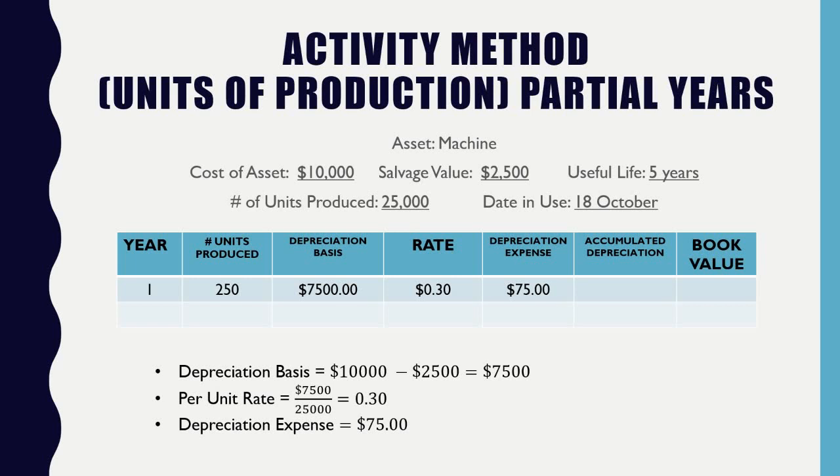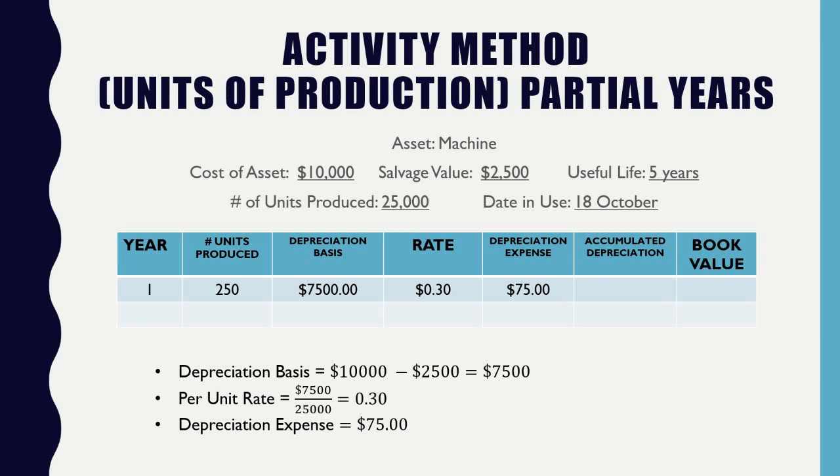Now, let's determine this. In this case, we already know my asset's only 2 months old, so therefore it only produced a total of 250. But let's actually do the math. If you have a capacity of 25,000, and it could last up to 5 years, you should be depreciating roughly 5,000 units per year, 25,000 divided by the 5 years.